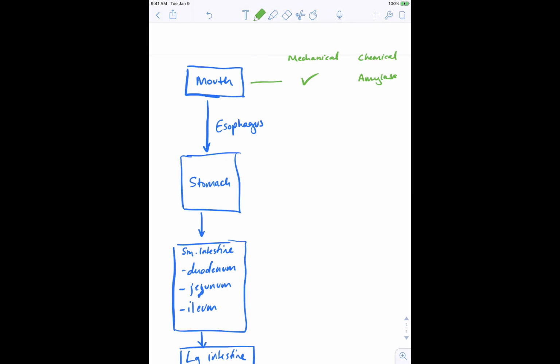The stomach also has a mechanical function, which is the longitudinal, circular, and transverse muscles. And it has a chemical way of breaking down food too, with acid and pepsin, which breaks down proteins. And remember that the acid activates the pepsin.